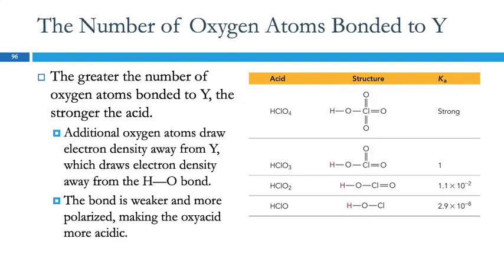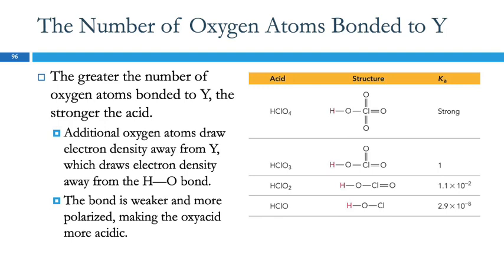Here's number of oxygen atoms. So the number of oxygen atoms that are bonded to that central atom Y affect the acidity as well. Because oxygen is electronegative, the more oxygens you have around that element Y, the more it pulls electron density away from this hydrogen, causing it to be a stronger acid.